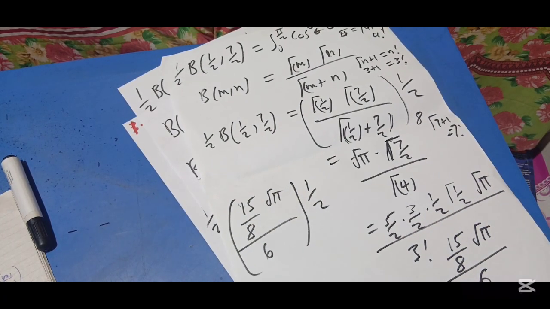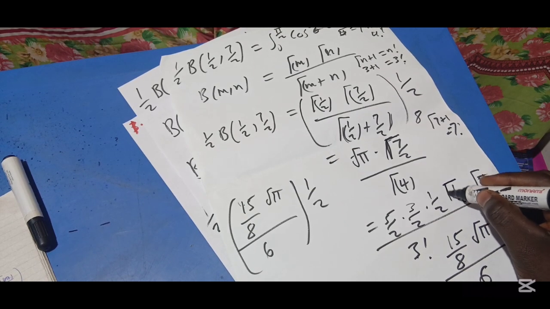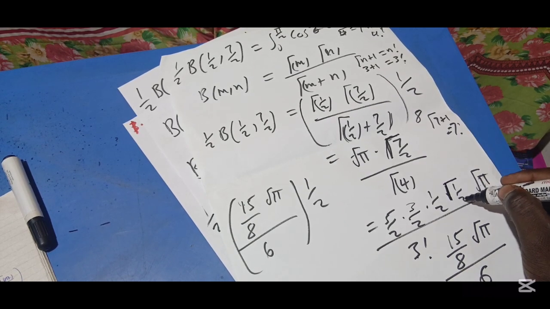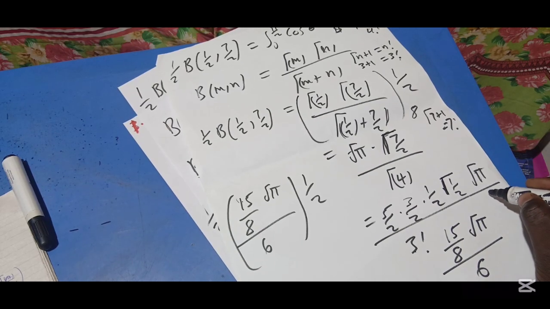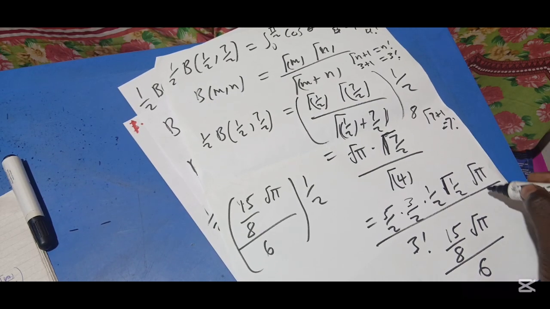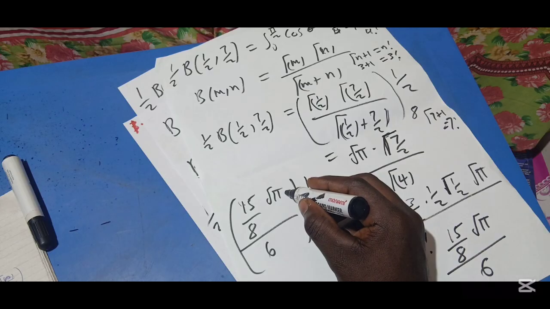Now, this gamma half here too is also going to contribute another square root of pi. So we're supposed to get another square root of pi here.